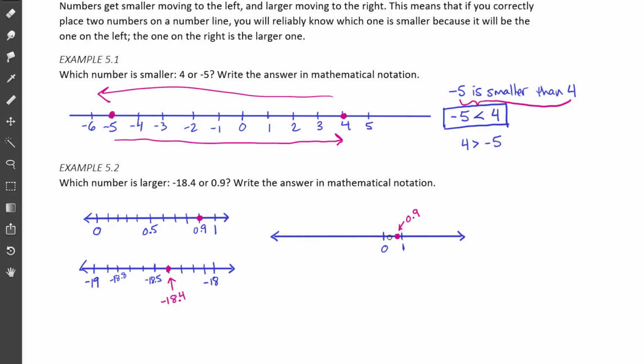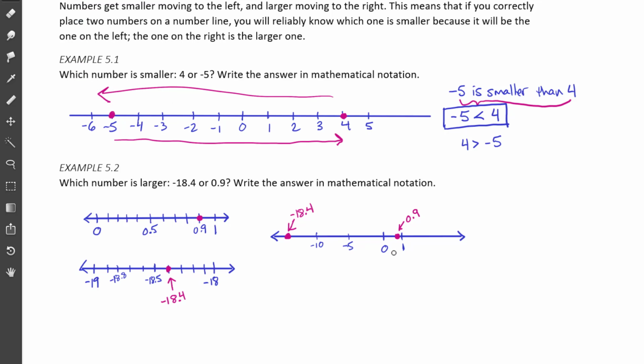On the negative side, I'm just going to realize that negative 18.4 is way below 0. So maybe I'll place a negative 5 here, and here we go with a negative 10. And so negative 18.4 is going to be somewhere down here. For the purposes of this problem, you really don't need more detail than where that 0 is, but I've put in a little more detail for context.